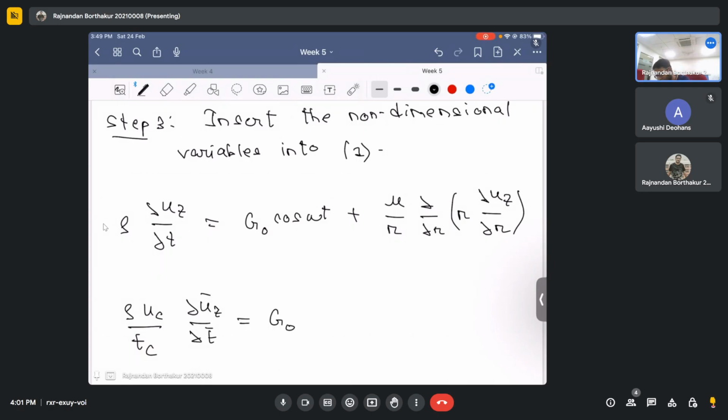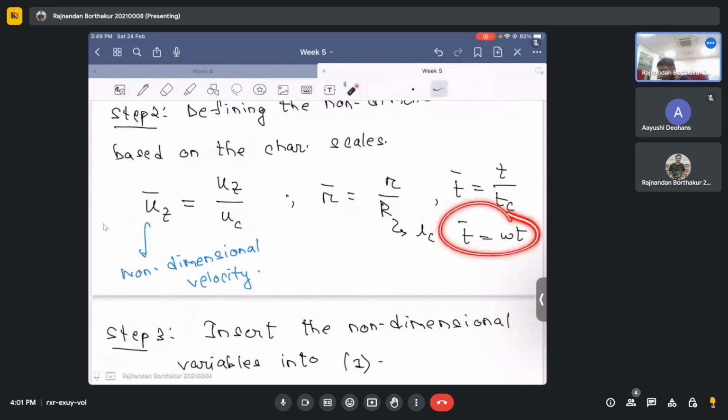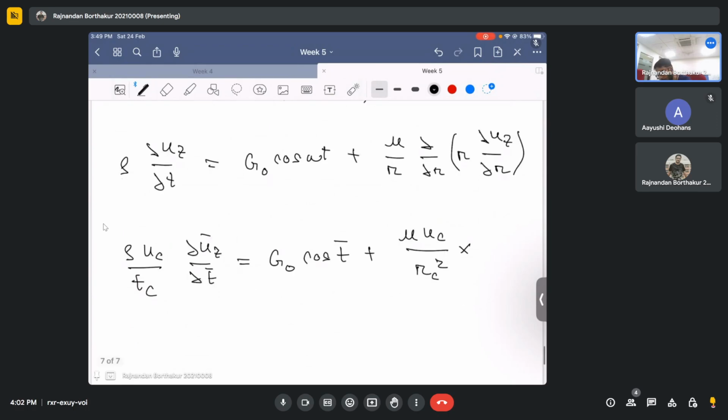These terms become, so what does it become? This becomes g naught times cos omega t, which becomes t bar, because we already saw that t bar is basically omega times t. Okay, plus from here what do we get? We get mu uc by rc squared times 1 by r bar.